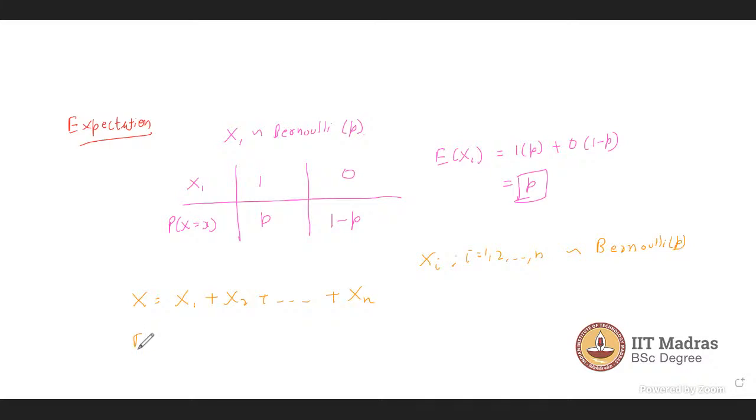So by using the property of expectation, I can write it as expectation of x1 plus expectation of x2. If you recall the week 10 properties of expectation, it would be nothing but p plus p plus p, n times, p, right? This is the expectation for binomial random variable.